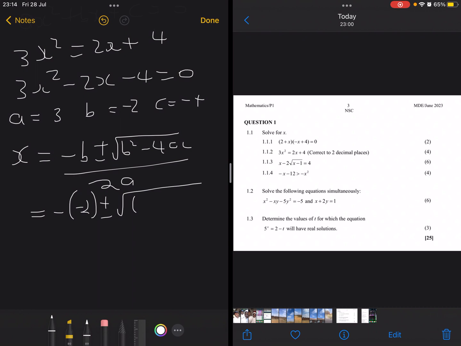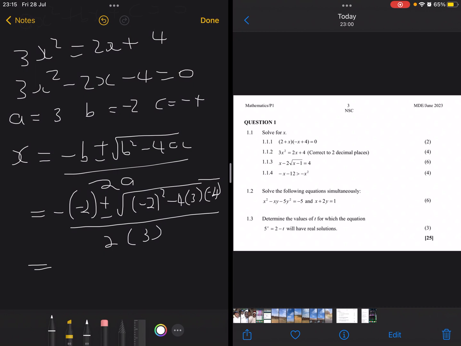That will be minus 2 squared minus 4 times 3 and times negative 4. Negative 4. Then it's all over 2 times 3.